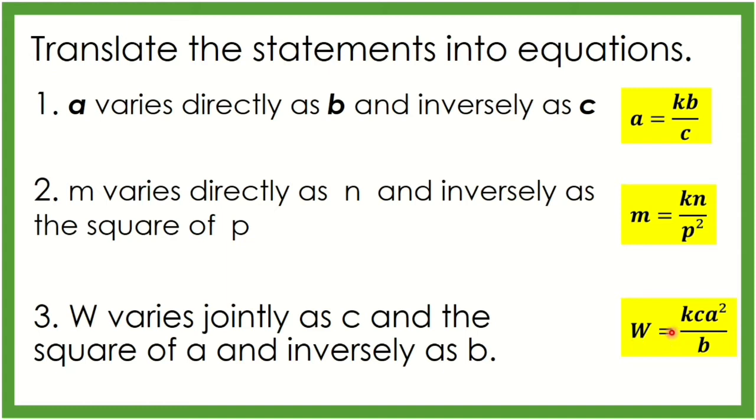So, equals K times C times the square of A is A square all over B. So, inversely as B. This is a combination of joint and inverse variation.